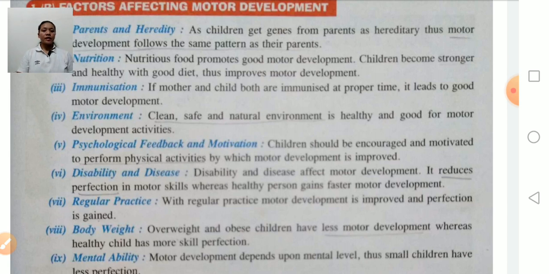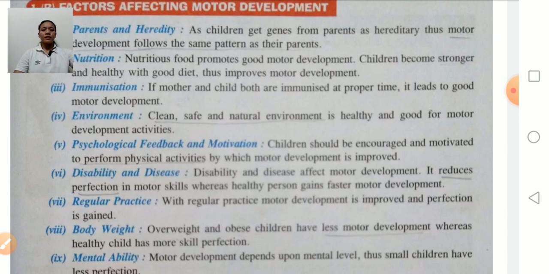A clean, safe and natural environment is healthy and good for motor development activity. If the environment is safe, then there will be proper motor development in a child. Psychological feedback and motivation. Children should be encouraged and motivated to perform physical activity. If the child performs physical activity, there will be proper motor development.